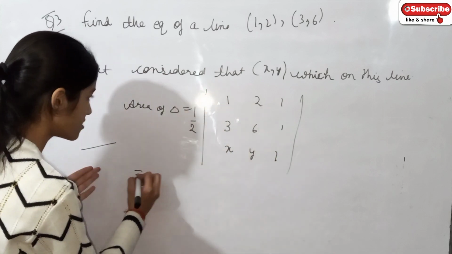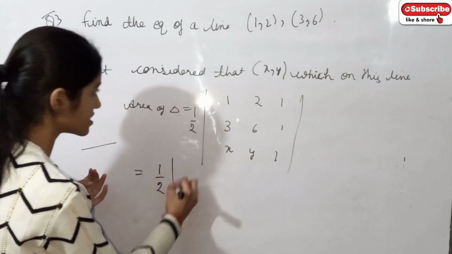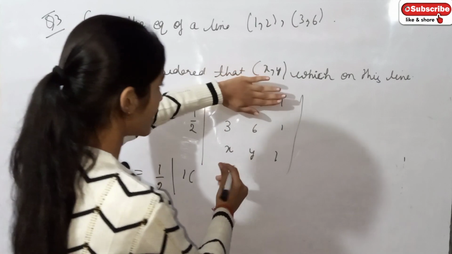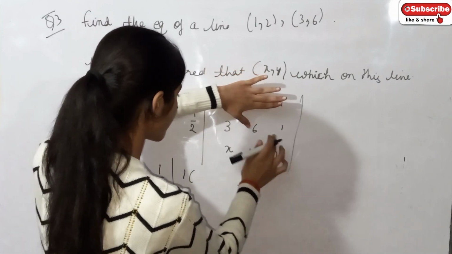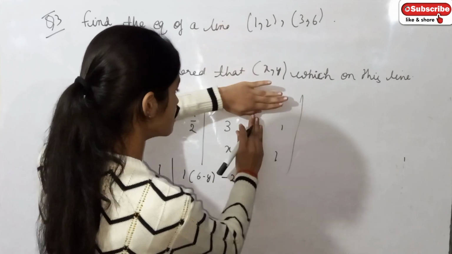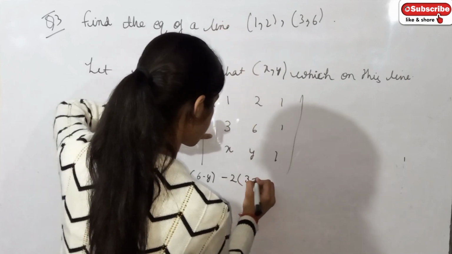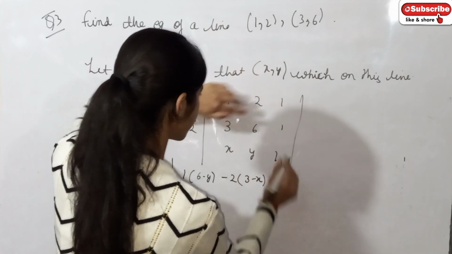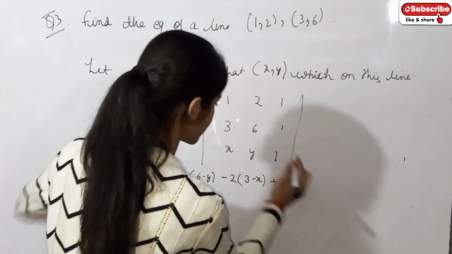So what we get? Half. Now we solve this. Expanding along the first row, we get 6 minus y minus 2 times 3 minus x plus 1 times 3y minus 6x.